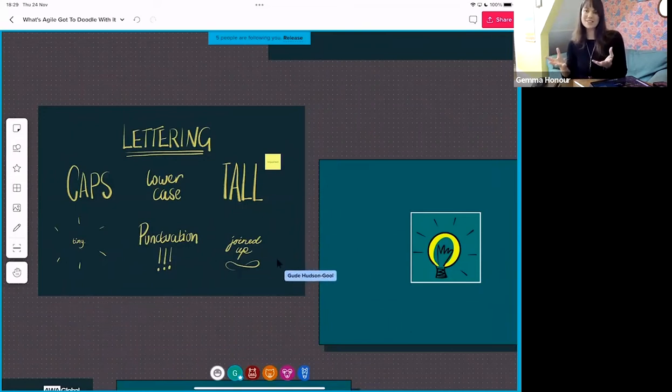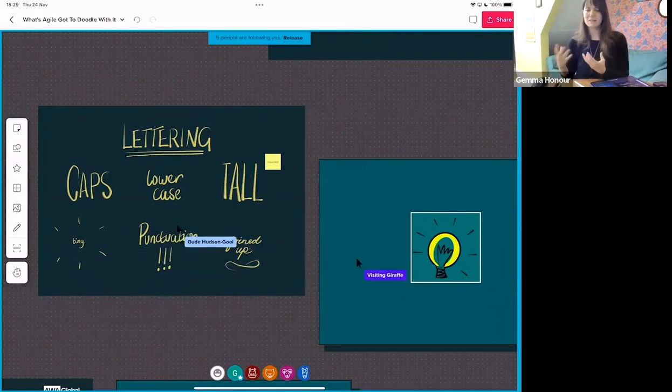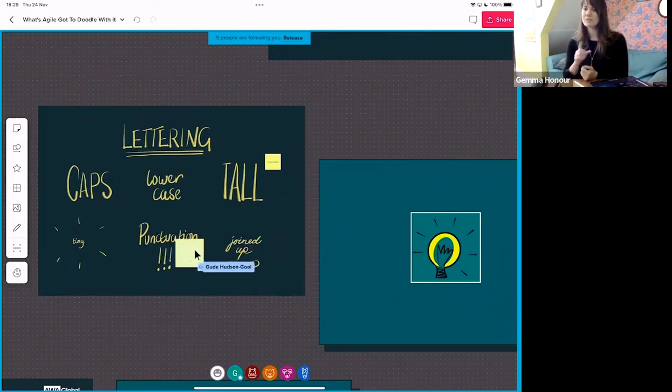Uppercase for loud ideas, absolutely. Yeah, tiny, I think it conveys shyness, definitely. Softness for lowercase and italics, yeah, absolutely. Joined up for personal messages, I like that. Joined up for love, yeah, actually, if you think about Valentine's Day cards, they absolutely use joined up italic-y writing to communicate love.